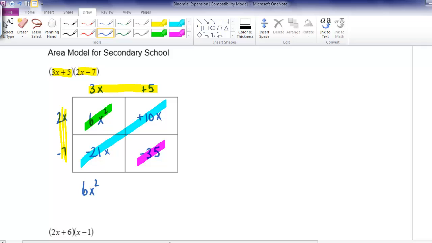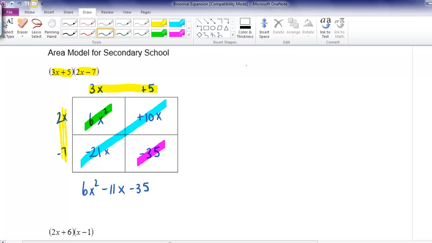Our x terms are plus 10 and negative 21, which is negative 11x, and finally we get this. So here's using an area model. Beware of our integer arithmetic, beware of our sign rules, beware of our exponent rules, and beware of like terms. And here's a way we can do a fairly abstract question and put the pieces together.